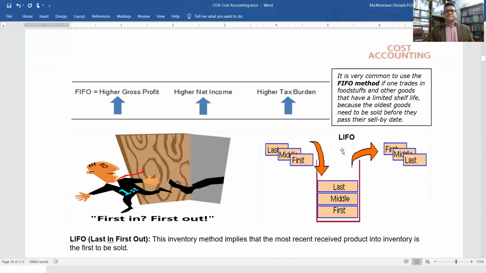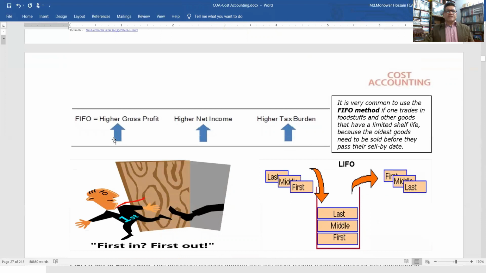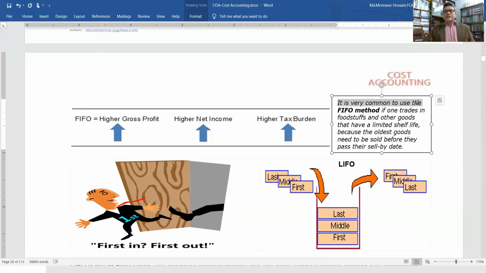In FIFO, a higher gross profit can be made, higher net income, then a higher tax burden. It is very common to use the FIFO method for foodstuffs or other goods that have a limited shelf life, because the oldest goods need to be sold before they pass their sell-by date.